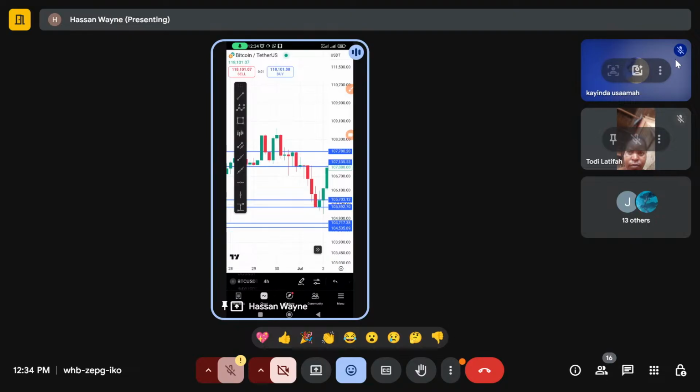It means this was a fake out hammer or hanging man. We are seeing here the market formed a bearish candle, and eventually here we got a shooting star, and after that the market went down. So this was a fake out hammer. This was not the support.